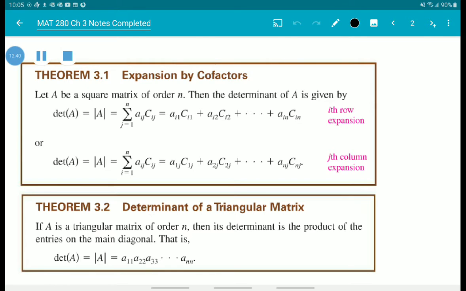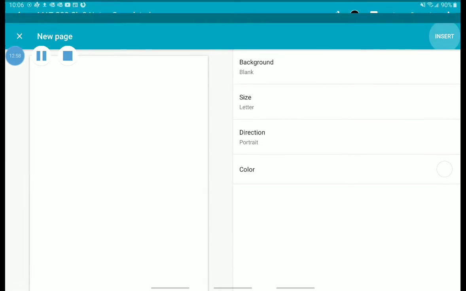Now, if you remember, 3x3s have a shortcut that we could use too. There is no shortcut for a 4x4 or a 5x5, but there is a shortcut for a 3x3. So before we go on to talk about matrices that are bigger, let's go ahead and review that.